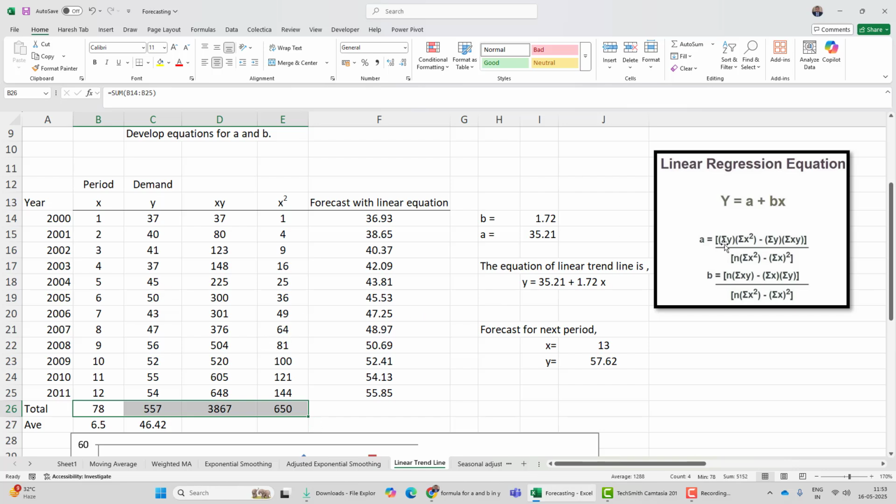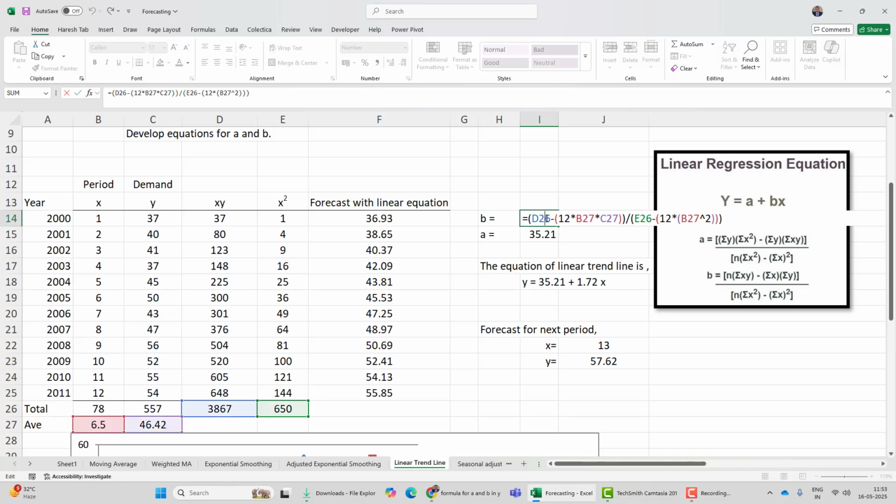You can clearly see that these equations have been used here, and you will get the values here.